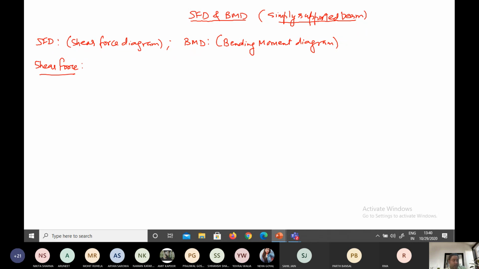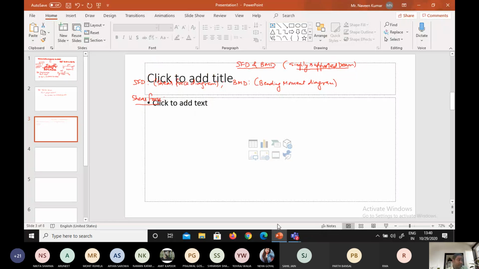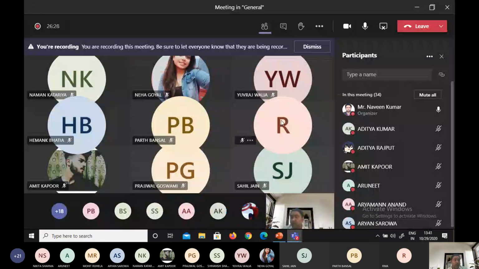The shear force at any cross section of a horizontal beam is the algebraic sum of the vertical projection of all the forces to the left of the given cross section. Okay, so this is the definition of shear force.